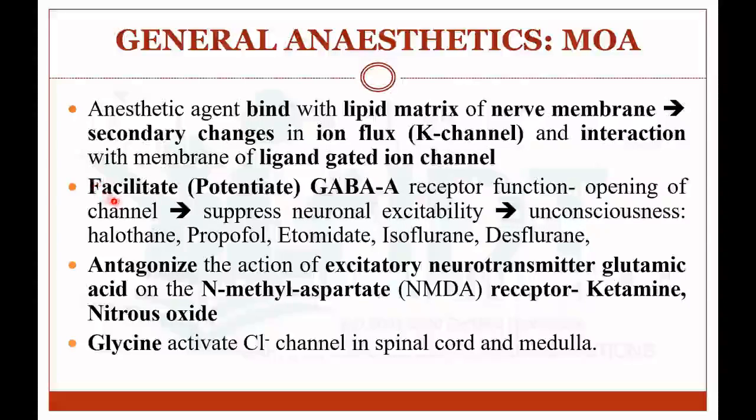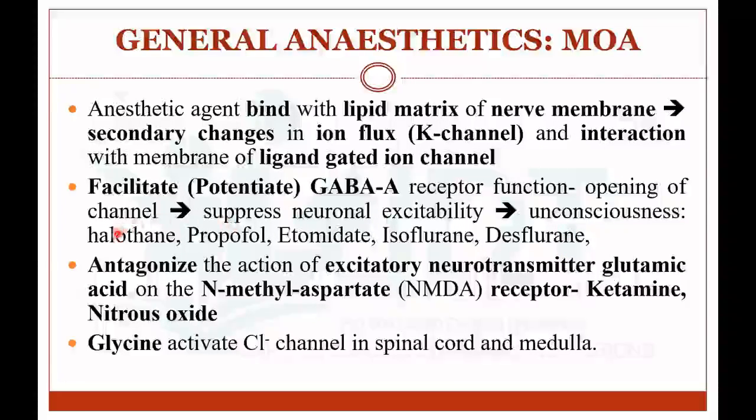Another mechanism is that general anesthetics may facilitate or potentiate GABA A receptor function, thereby producing an opening of ion channels, suppressing neuronal excitability and leading to unconsciousness. The drugs which follow this mechanism are halothane, propofol, etomidate, isoflurane and desflurane.